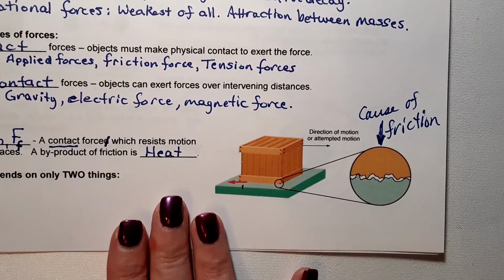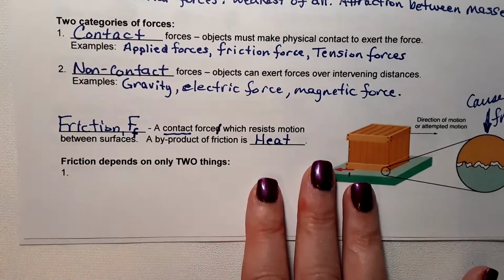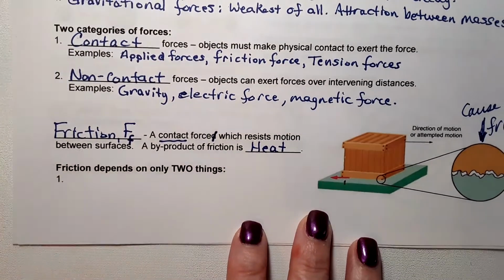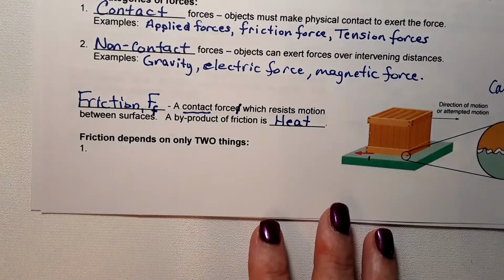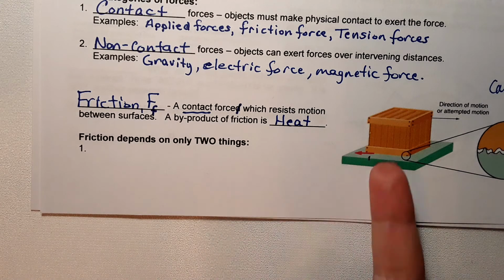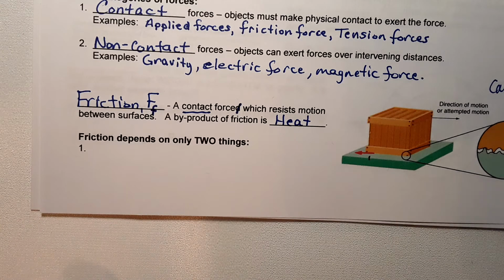Now, when you have friction between two surfaces, the friction can actually be changed. So we need to see what does friction depend on? Two surfaces, like the crate and the floor, may have a different amount of friction than, say, two other surfaces, like a rubber mat being pulled across the floor.